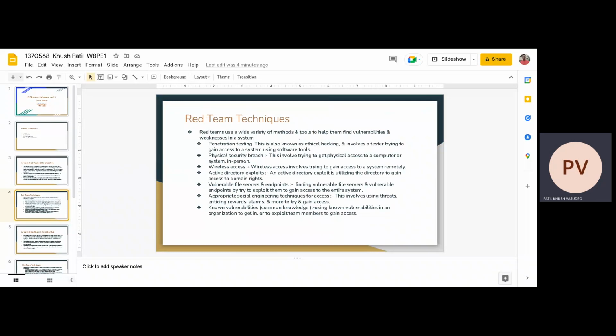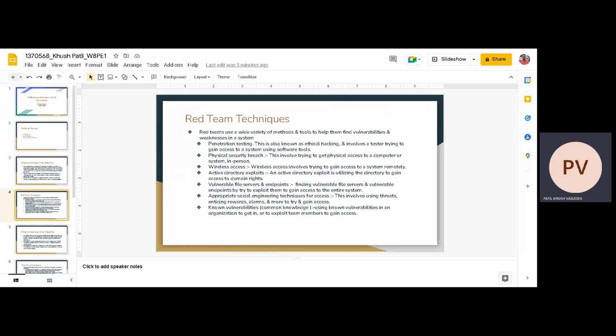So they are going to use that service which a user needs to do the work. Basically, it's trying to get access to the domain, working with the resources of the company, finding vulnerable file servers and endpoints, and trying to exploit them and gain access to the system.